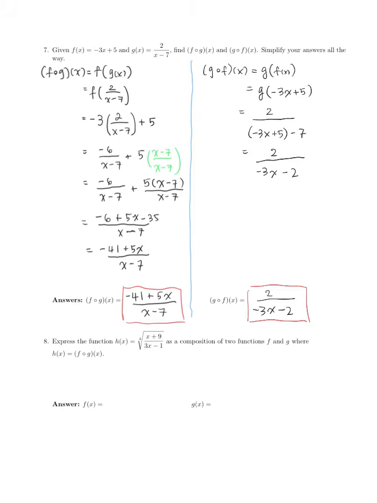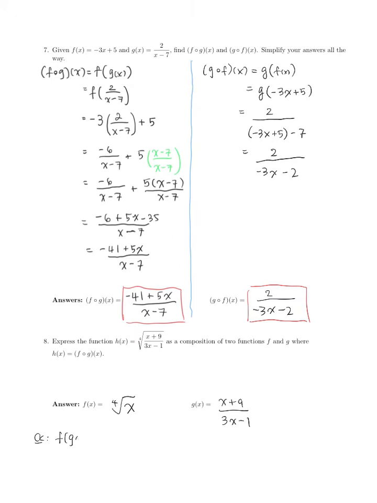So I'm going to write it as let f of x be the fourth root of x. And then your g of x is whoever sits inside of that fourth root. So that will be, in this case, x plus 9 whole thing over 3x minus 1. So let's just check for fun, right? Just for fun. So let's check. I'll check over here.